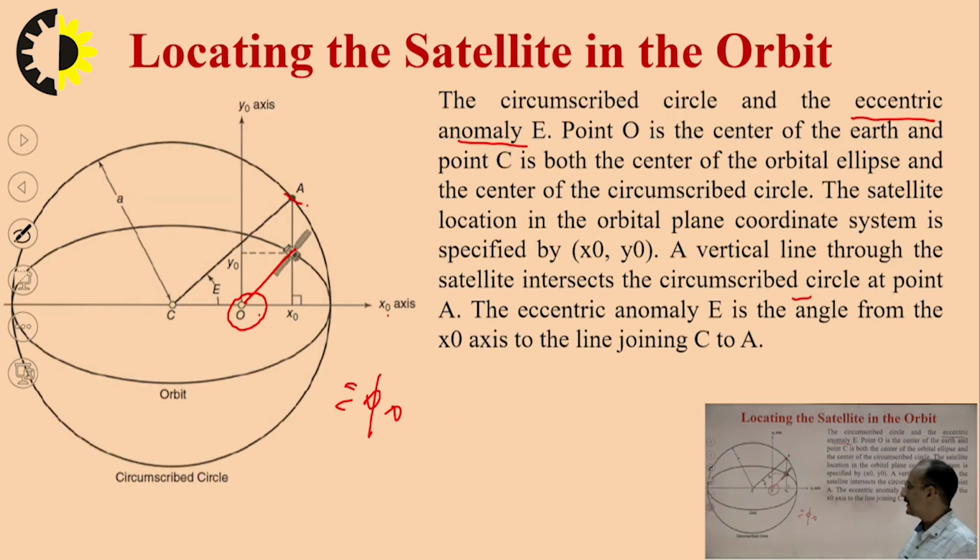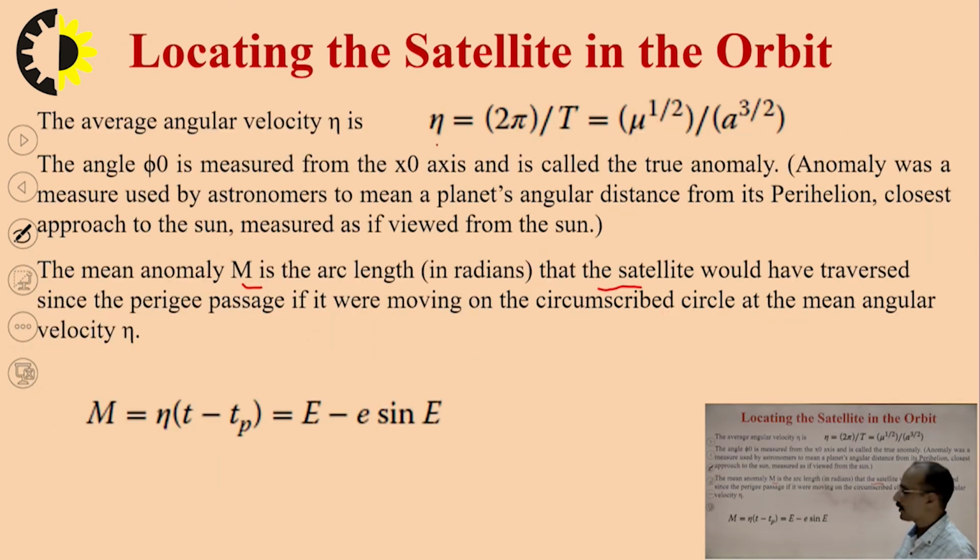Perigee passes means that when the satellite is orbiting in this orbit, there is a condition when the satellite passes the perigee, and it will take a fixed time to always pass this perigee. That time is called the time of perigee passes. So we are talking here about the same thing.